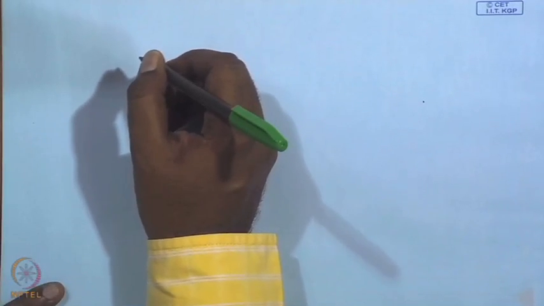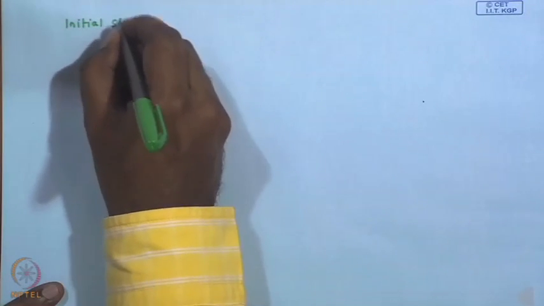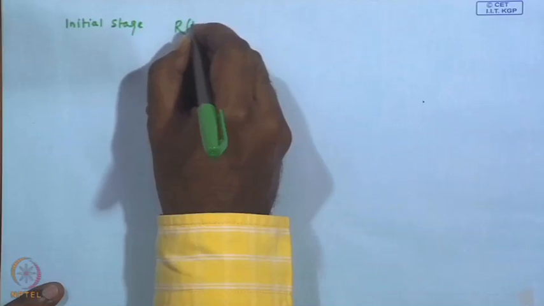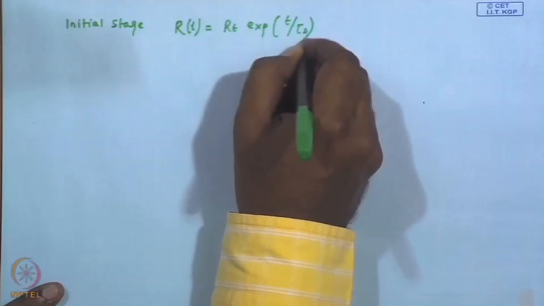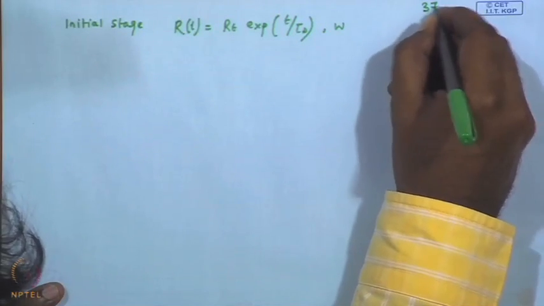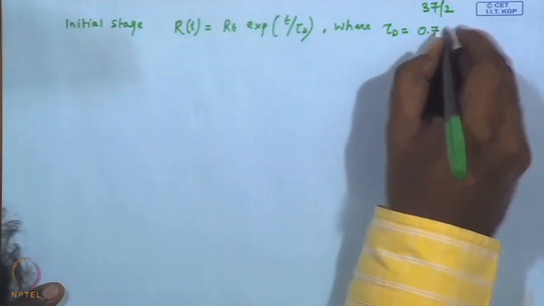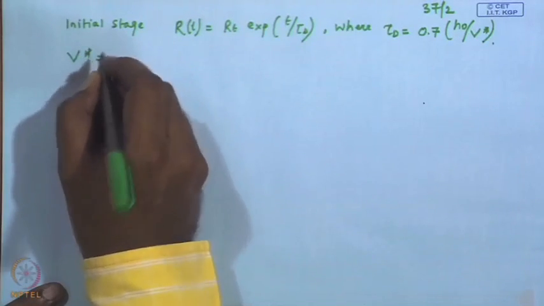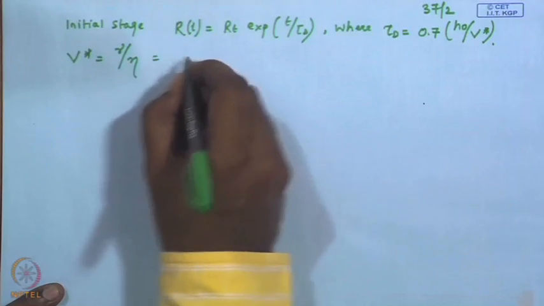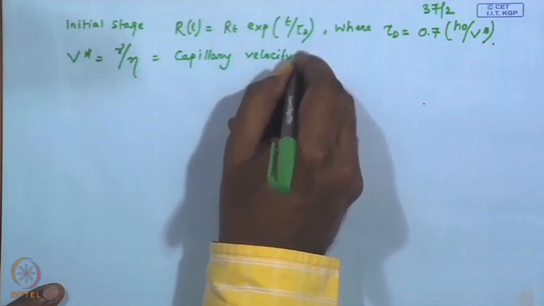So, what happens is an exponential rate of hole growth is initially given, where we will see how it matters, where tau d is given as 0.780 by V star, and V star is given as the ratio of surface tension to viscosity and is known as the capillary velocity. Okay.